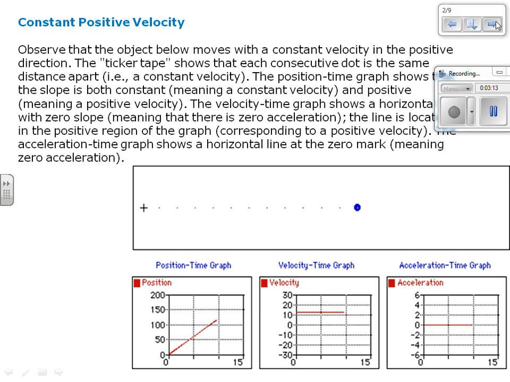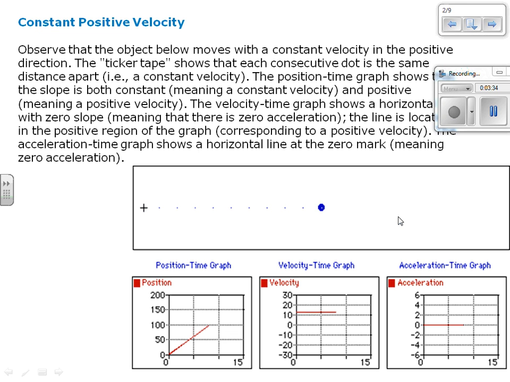But it creates a ticker tape where the dots are the same distance apart. So what you draw is a little ticker tape and draw the dots the same distance apart. Do just like this. Okay, do just like that. And then underneath that, I want you to draw the following graphs.